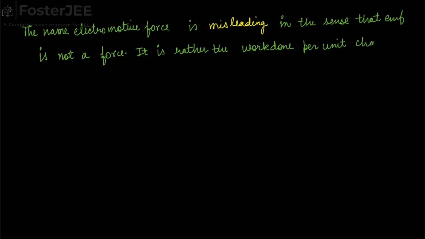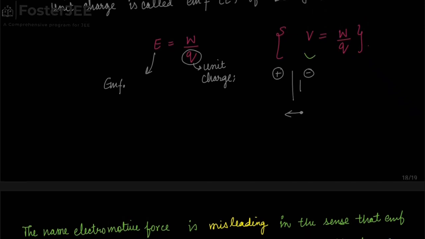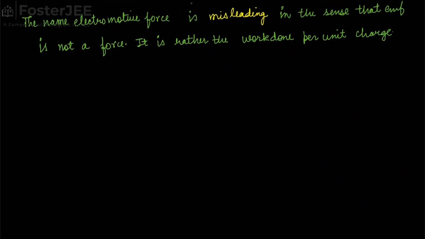And from electrostatics, the work done per unit charge is called potential. So it will also have the same SI unit as potential, which is the volt.